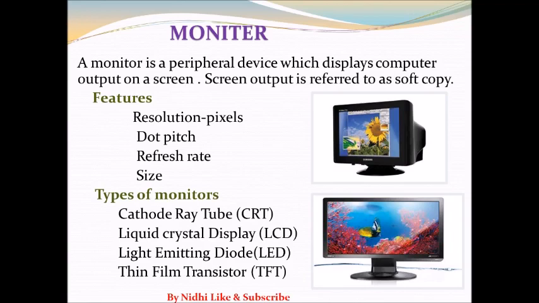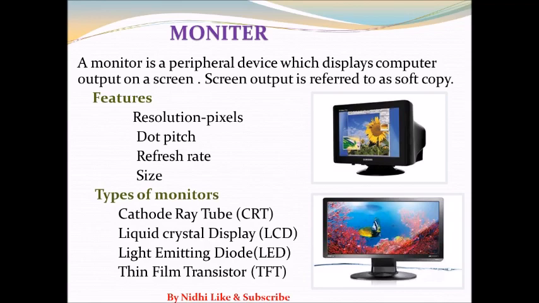CRT monitors were the most common monitors used before flat panel screens became affordable. They consist of an electron gun, and in these monitors a beam of electrons lights up the pixels, the phosphorus dots, which form the inner coating of the screen. They were in the form of old TVs.